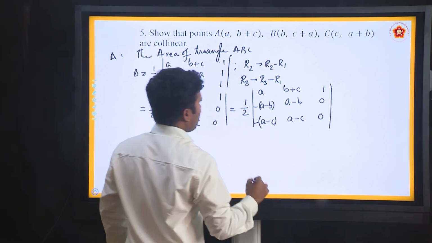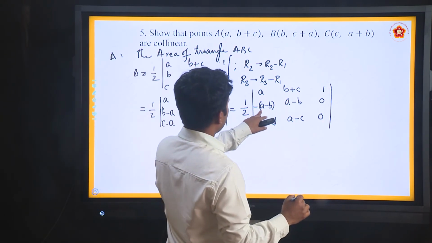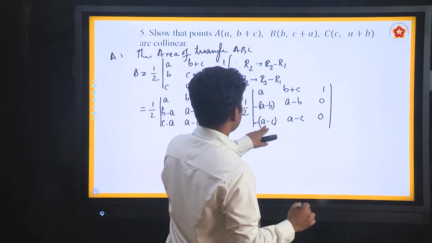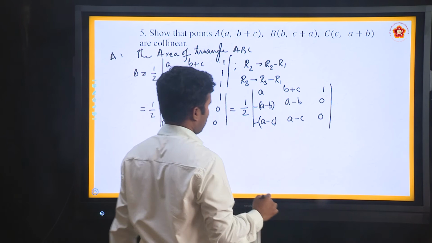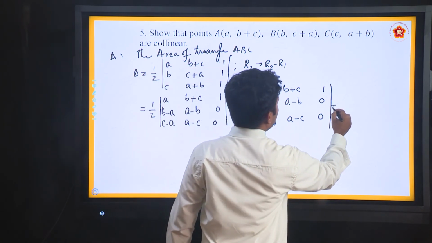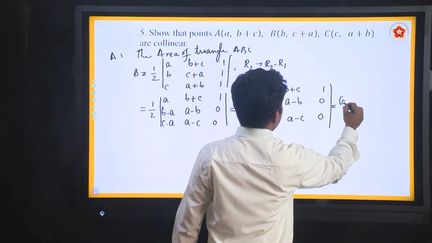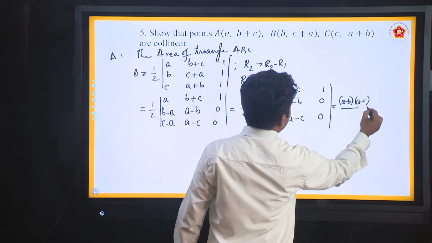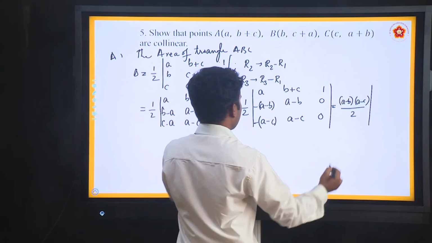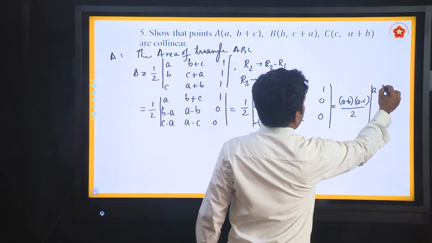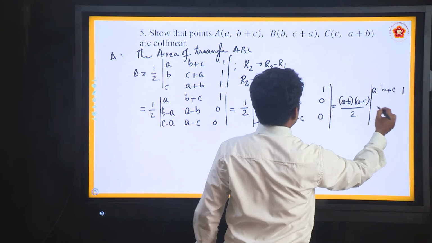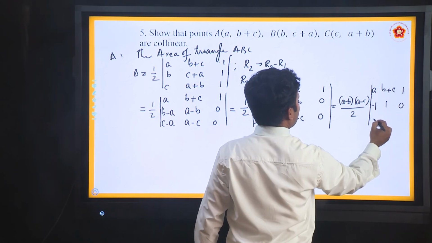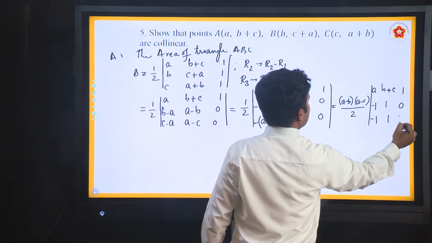So here what I am going to do is from R2 I will take A minus B as a common term, and from R3 also I will take A minus C as a common term. If you do so, we are going to have A minus B into A minus C divided by 2 into A, B plus C, 1, and here we are left with minus 1, 1, 0, minus 1, 1, 0.